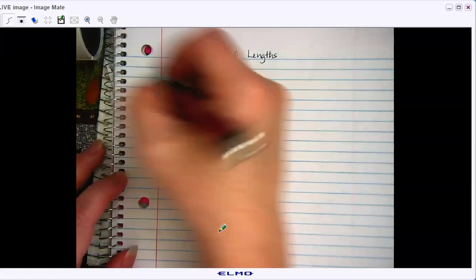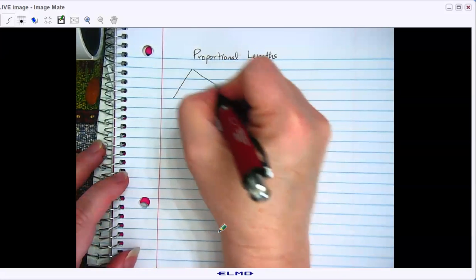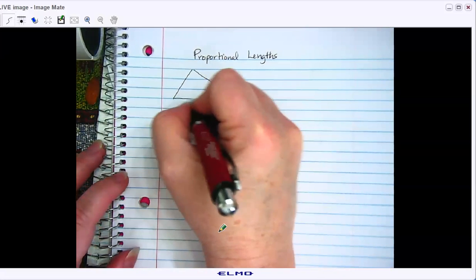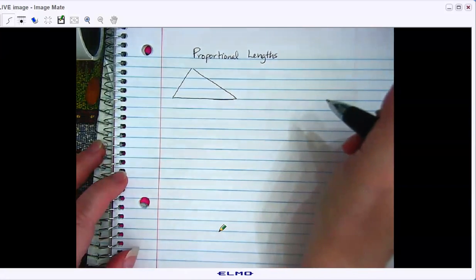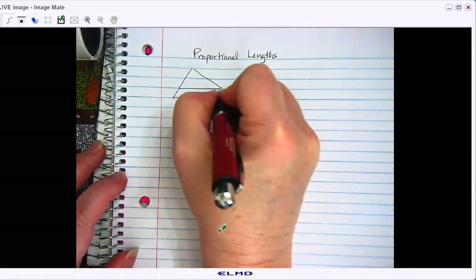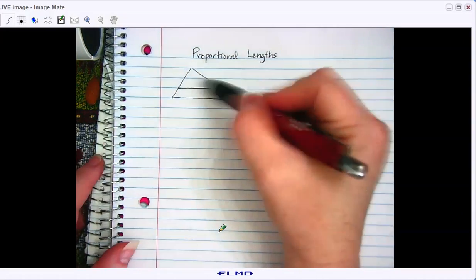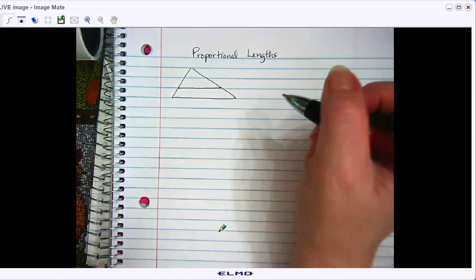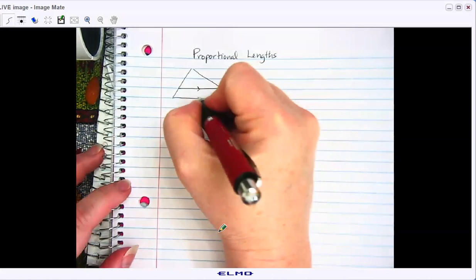Okay, so we're going to draw this triangle. This is not necessarily a mid segment. It does not have to join the midpoints. But these do have to be parallel.